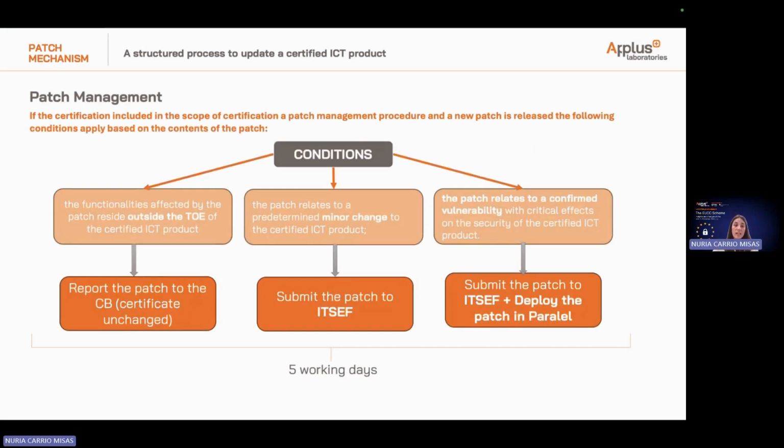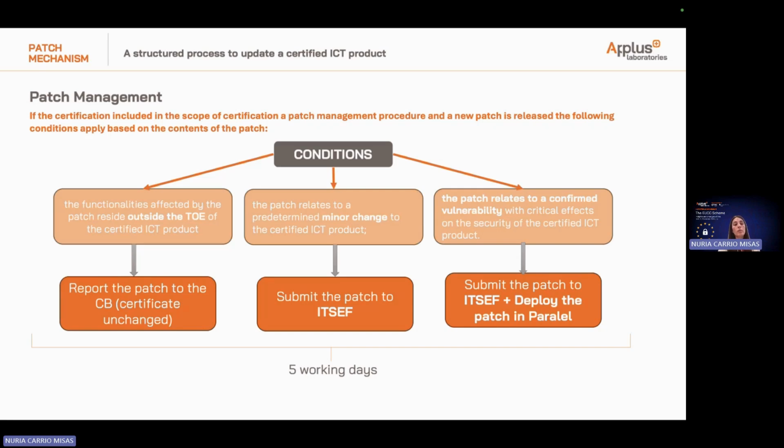So there are different scenarios where patch management can be applied. Patch management is not obligatory. That means that you may include patch management in the scope of evaluation, okay? And if the certification includes in its scope the certification of the patch management procedure, then there are several scenarios where you can apply this patch to the products in the field.